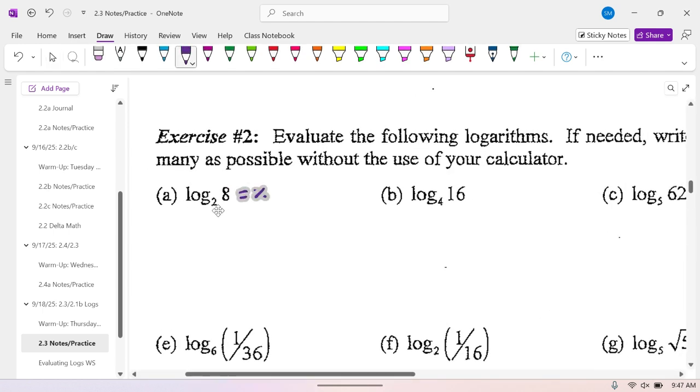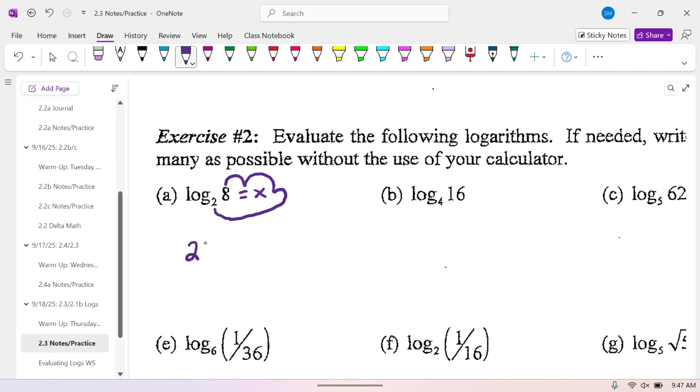I then do loggy froggy. So I start at the base, which is the 2, swing to the right to the x, hit the equal sign, hit the 8. So if I write it in order, I have 2, which is my base, raised to the x power is equal to 8.